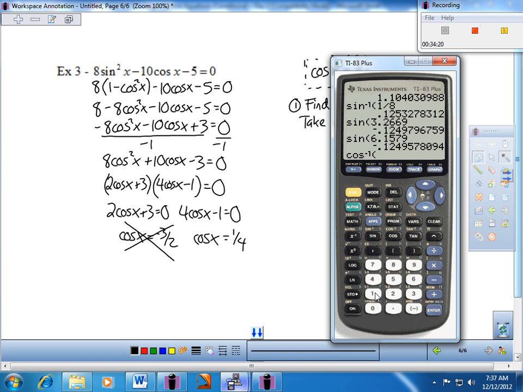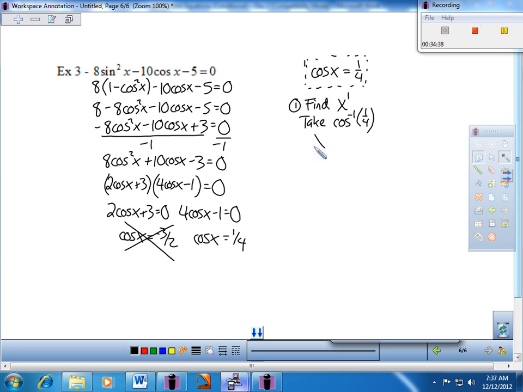So inverse cosine, 1 divided by 4. What angle up in the first quadrant, that's what it's giving us, has a cosine ratio of 0.25? I get about 1.3181. So first order of business is to get x prime, acute and positive. And that number is definitely acute and positive.